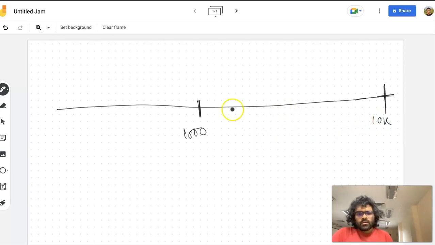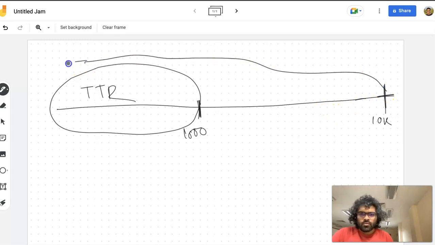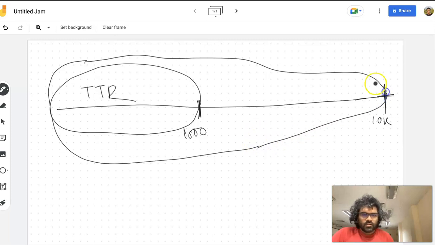Now we need to find the TTR for this region, and the TTR for the whole region. We are representing the TTR for this region as R 1000, and the whole region as R 10k.